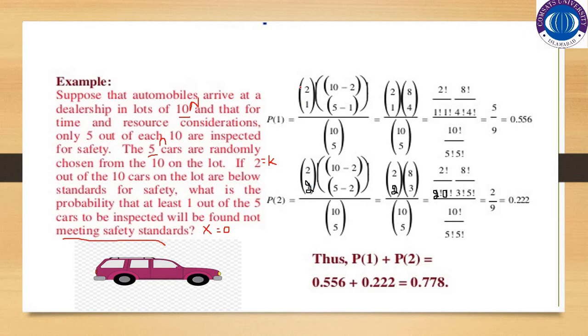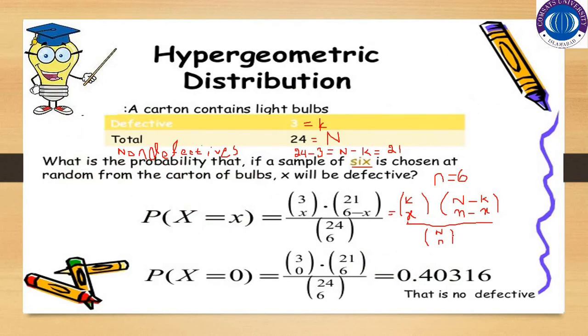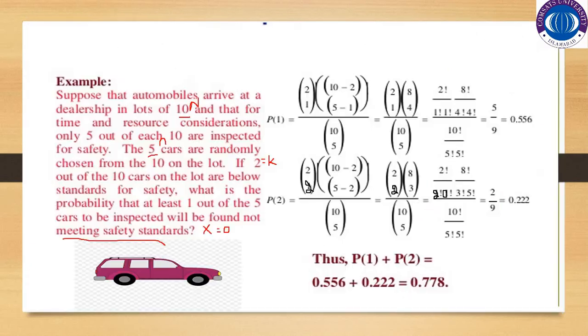So according to the probability mass function of the hypergeometric distribution, which is in the form of K C X, here we have k equal to 2, capital N equal to 10, small n equal to 5. They are saying at least 1 out of 5, so they are specifying the lower limit that a minimum of 1 car should not meet the safety standard.